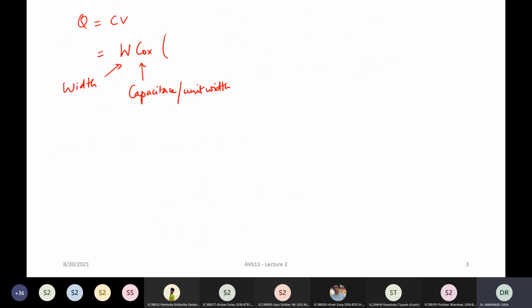And this is multiplied by the voltage across it. The voltage here, which causes the charge to exist, is basically the gate-to-source voltage minus the threshold voltage. This is because it needs at least a V_TH for the channel to exist, and the mobile charge is due to the voltage over and above the threshold voltage.